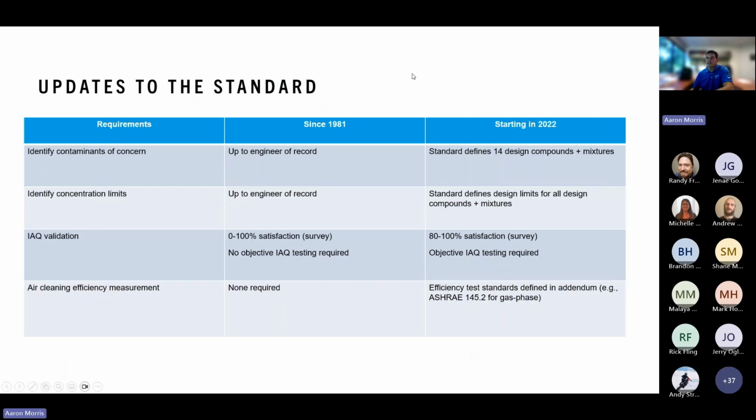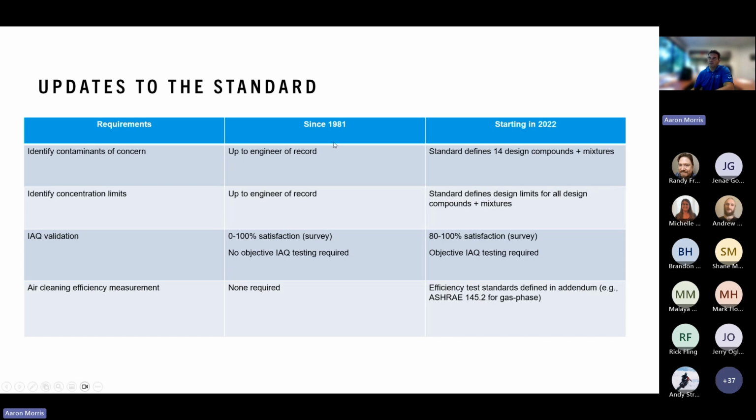I mentioned some standard updates to the ASHRAE 62.1 standard. So you can see here the requirements on the left really haven't changed since the standard was published. Right, we want to, using the IAQ procedure, identify the contaminants of concern, set concentration limits for those contaminants, validate that we've addressed those contaminants using the efficiencies of the air cleaning methods that we're implementing, and then calculate the ventilation required based on those values.